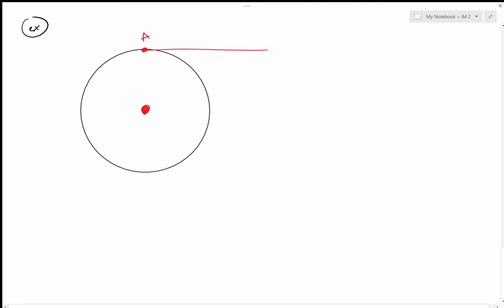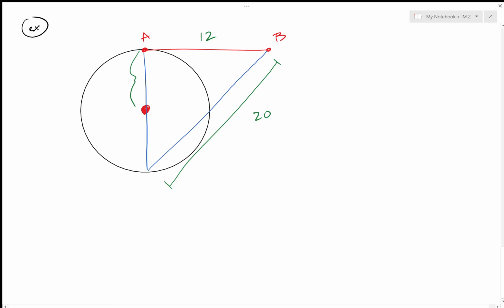A, B. Okay, let's put some distance on these. So we've got 12. From here to here is 20. And that is 7. Okay. Now we're trying to find if AB is tangent to the circle, so we're trying to find out if this is a right angle or not.